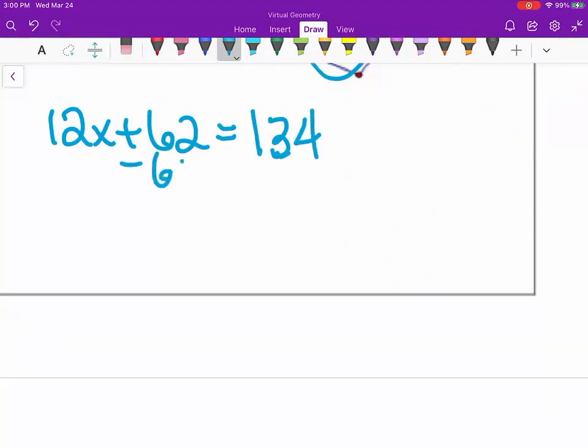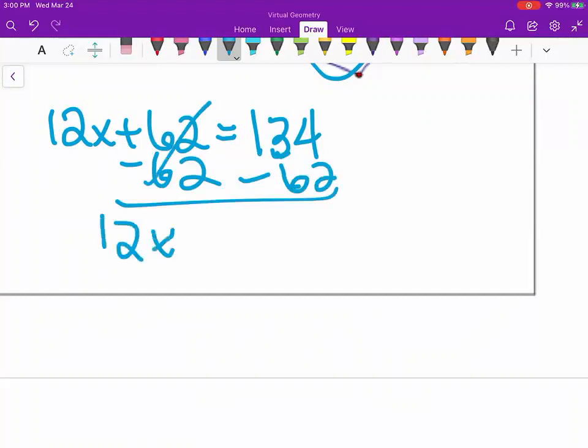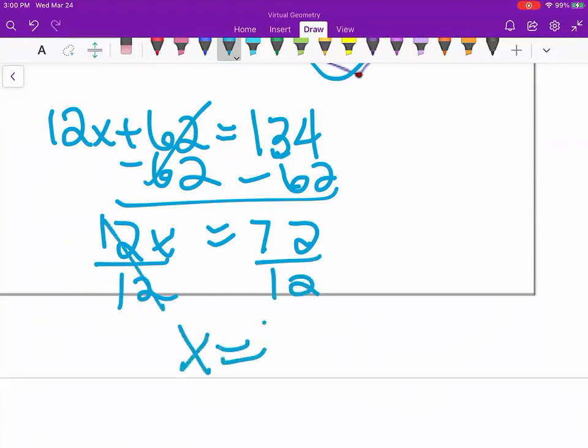And minus the 62 from both sides, 134 minus 62, so now we have 12x equals 72. Divide by 12, and X is 6.